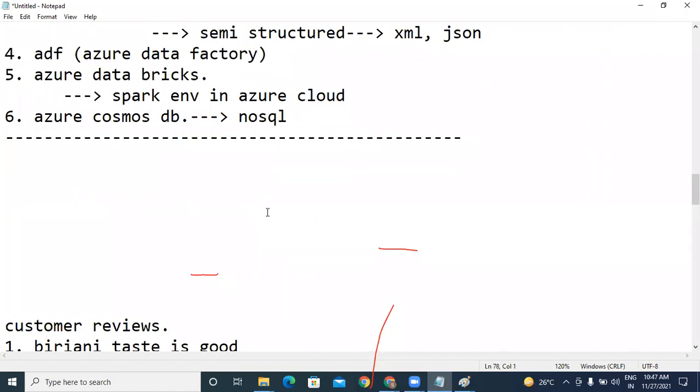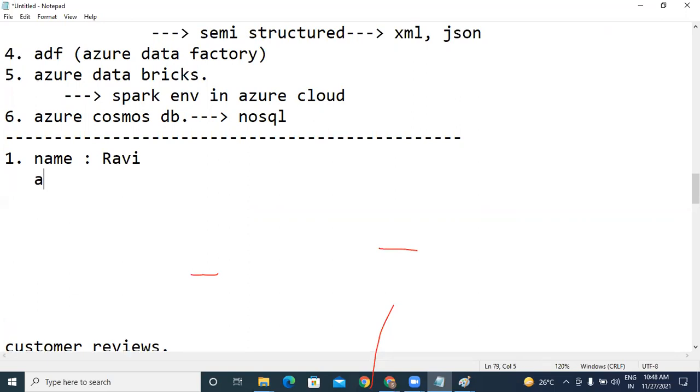Sir, I want to capture some of your profile data. The first person, I am asking his name. He said Ravi. Okay, this is my first profile. I asked him his age.